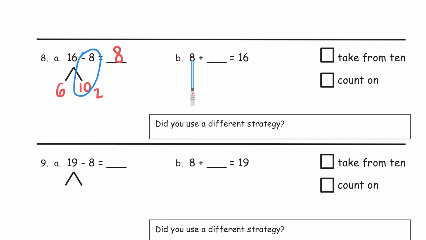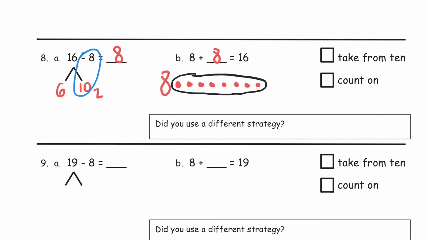So there's the same thing. 8 plus 8 equals 16. Now, if I were to draw it out, it would be 8, 9, 10, 11, 12, 13, 14, 15, 16. So if you needed to draw it out, you still could.